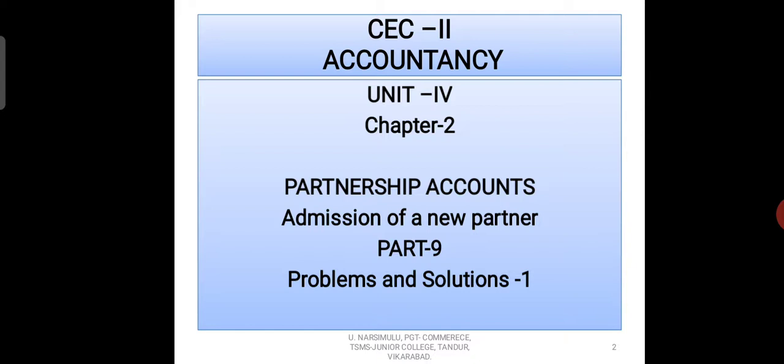It is the 9th video of the second chapter, and the importance of this video is that in the annual examination, students, you will get this type of problem for 20 marks.